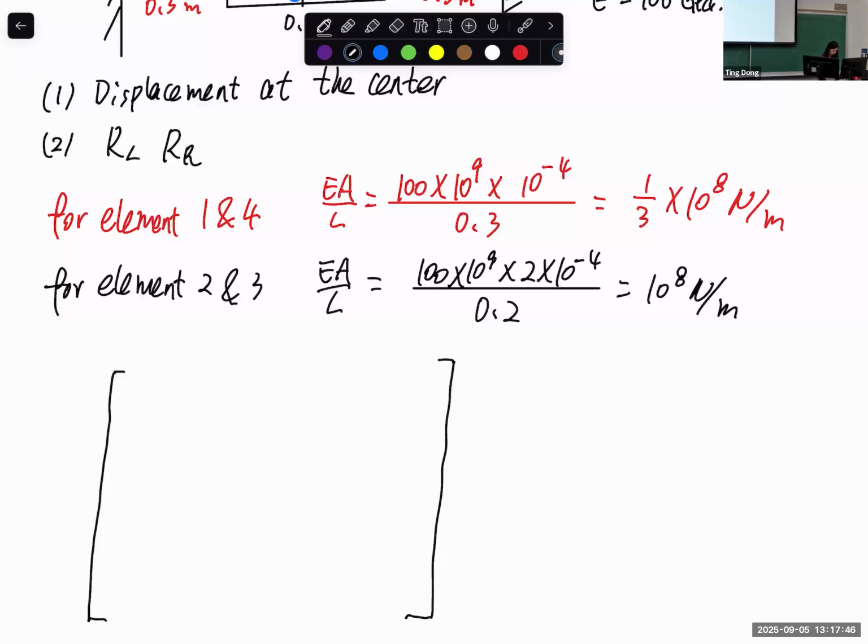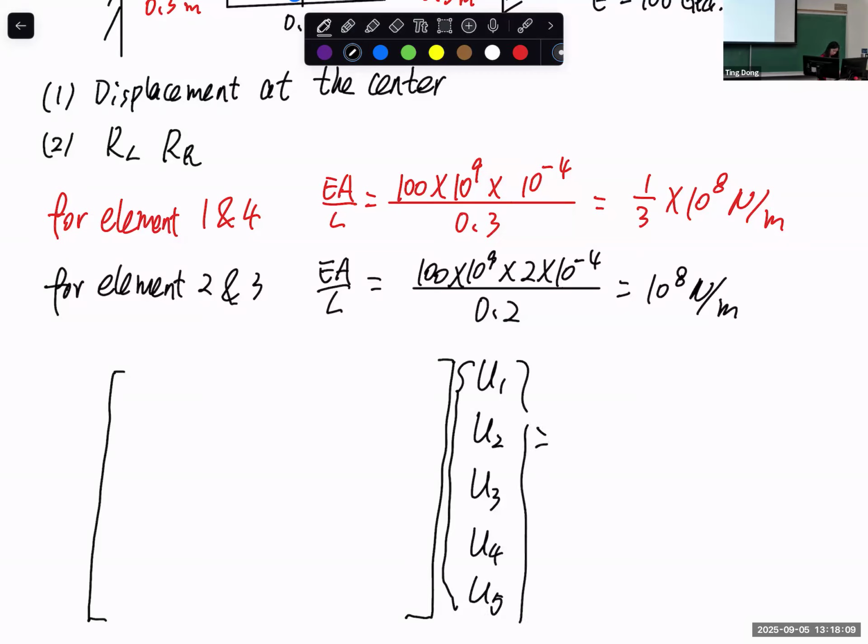Five by 5. I didn't do anything, I don't know what happened. U1, U2, U3, U4, U5. The right hand side, of course, becomes F1, F2, F3, F4, F5.